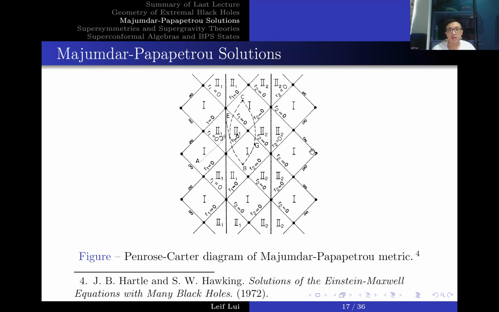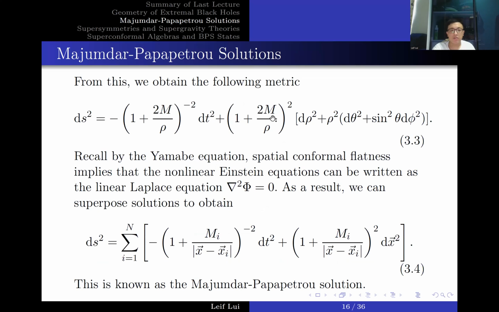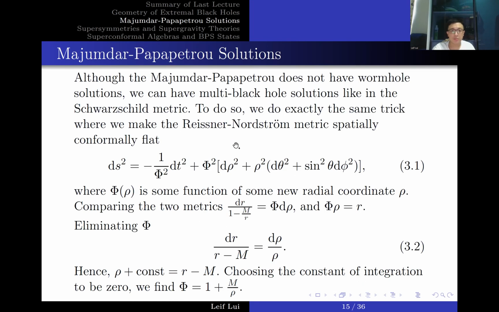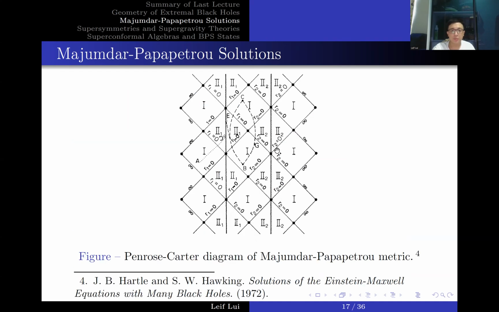Majumdar and Papapetrou independently derived this equation, but it was interpreted by Hartle and Hawking later as a multi-black hole solution. In this paper, they drew a Penrose-Carter diagram, and it's basically the Penrose-Carter diagram up here, but they conjoin the two regions and obtain this.